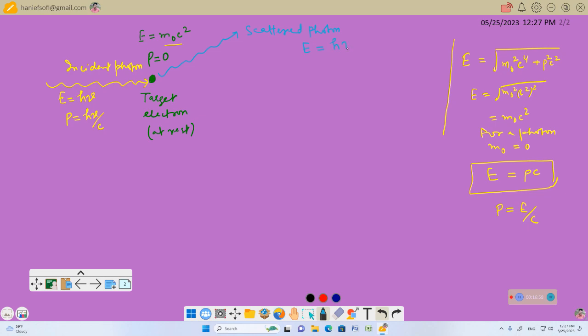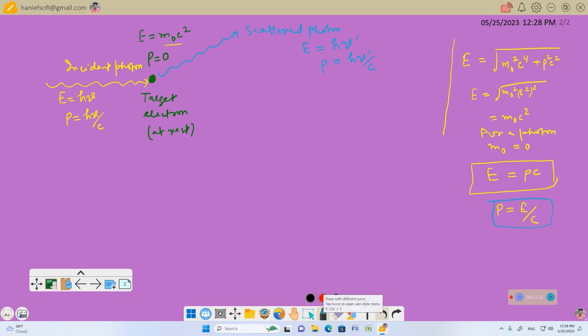We call that h nu prime, where nu prime is the frequency of the scattered photon. Its momentum will also change because momentum is connected with energy through this relation. So the linear momentum of the scattered photon is h nu prime by c. So the scattered photon energy is h nu prime and its momentum is h nu prime by c.